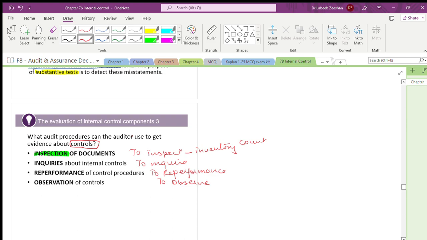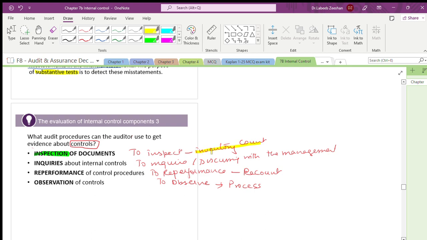You are inquiring, discussing with the management. You are reperforming how the recount is done. You observe the process.